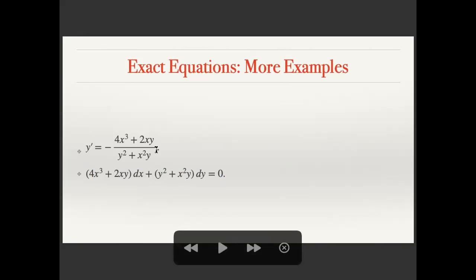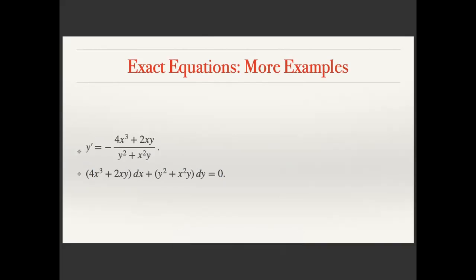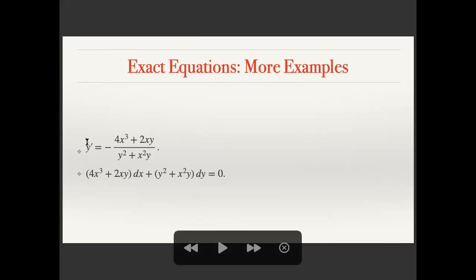But this is equivalent to the equation written on the line above, at least as long as y squared plus x squared y is non-zero. So as you well know, you cannot divide by 0. So if y takes the value 0, then actually the form on the line above is less general than the form on the line below, because if y is 0, then y squared plus x squared y is 0.